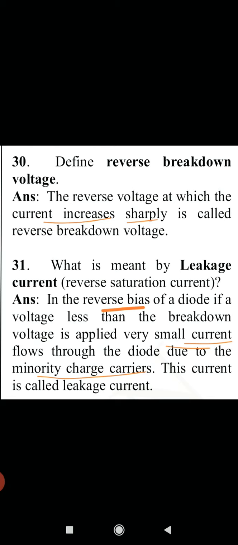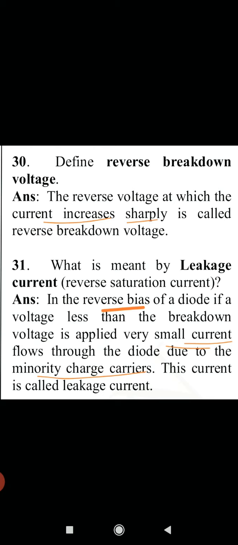That voltage is called reverse breakdown voltage. Why is it called reverse? Because it is under reverse biasing and the flow is opposite to the ordinary flow.